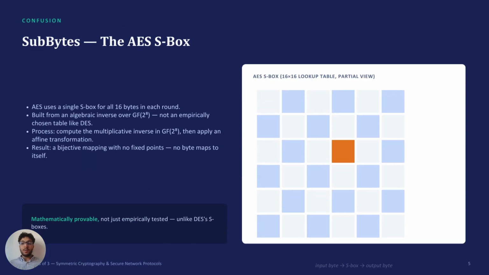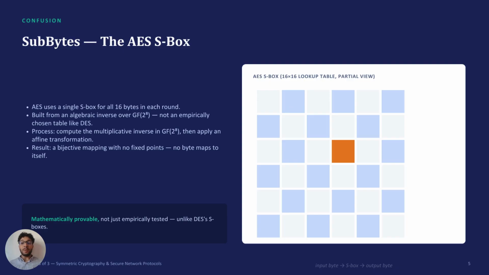The AES S-box is notably different from the DES S-boxes. AES uses a single S-box for all 16 bytes, and its construction is mathematically rigorous. Each byte is mapped to its multiplicative inverse in the finite field GF(2^8), followed by an affine linear transformation.